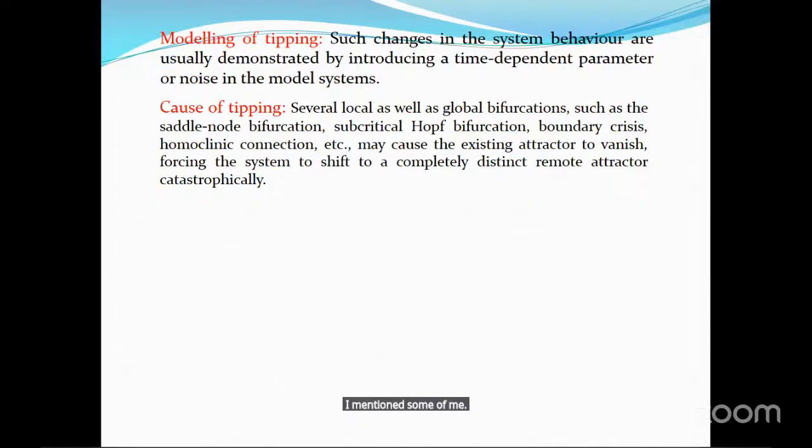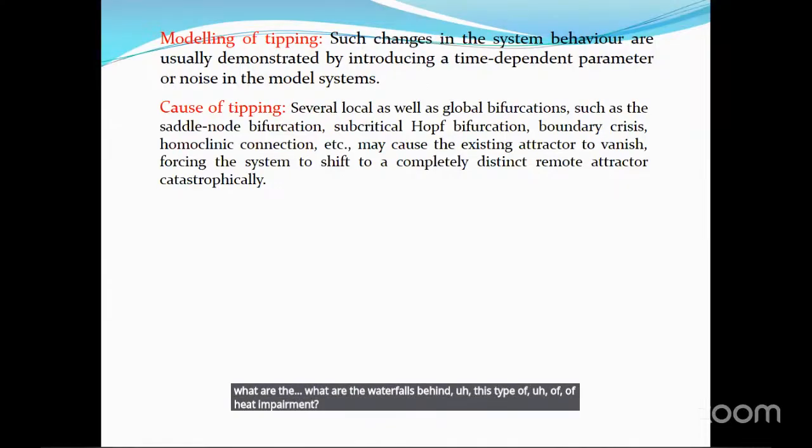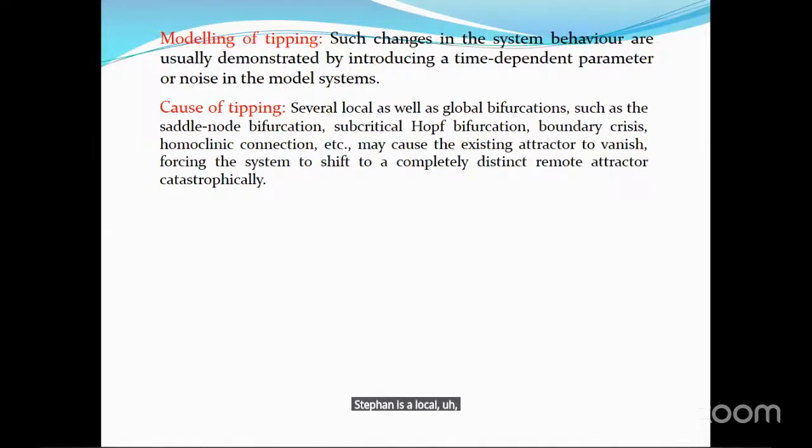What are the causes behind this type of tipping? Several local bifurcations, like transcritical bifurcation or saddle-node bifurcation, may occur during this parameter shift, and your system may shift to a remote attractor and your system may tip.